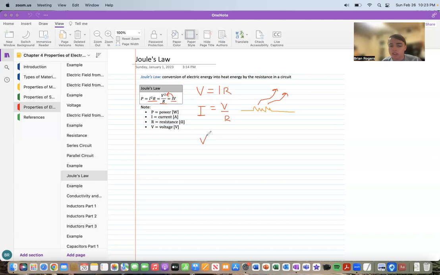If you just substitute for voltage, it's I times R. And so they're able to write it in this equation here by substituting for the voltage. So you can see how power equals I times V. You can derive the other two equations by just using Ohm's law.